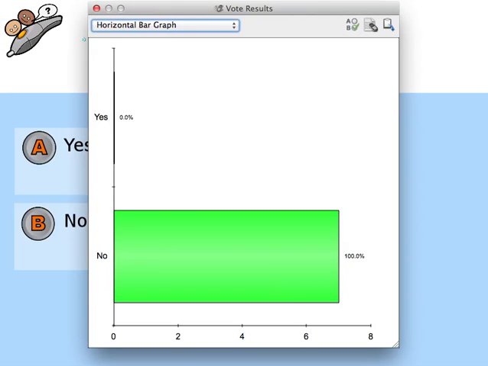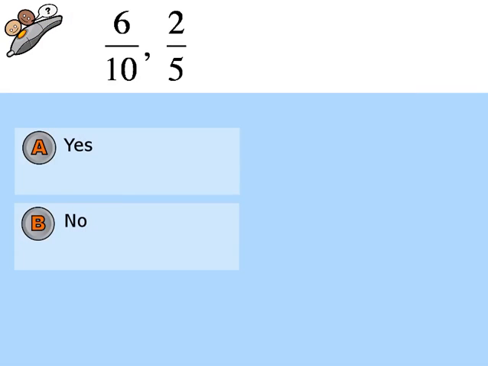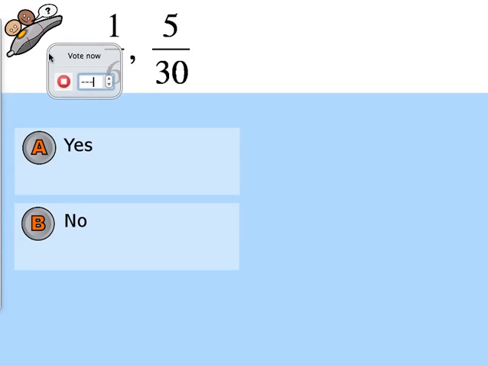You should have ended up getting 30 and 20 when you multiplied them out, correct? So let's go ahead and look at another one. 1/6 and 5/30. Are those equivalent, yes or no? The answer is yes. Nice job.